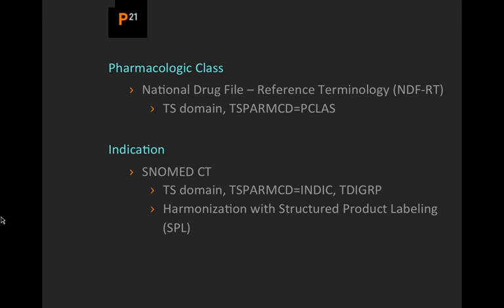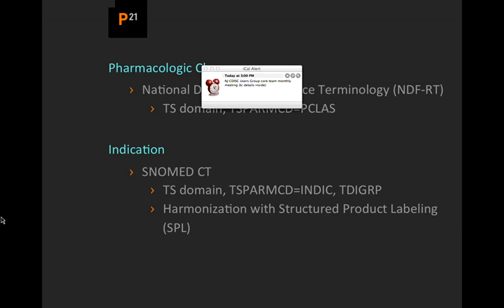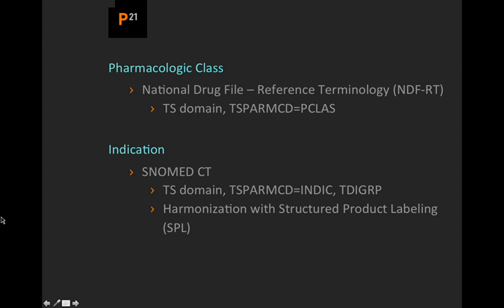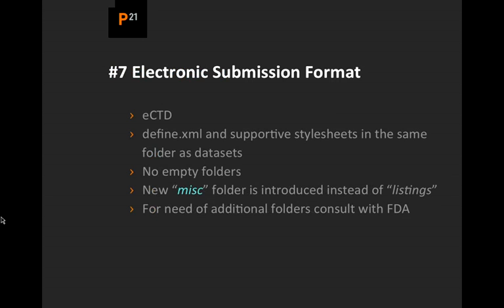FDA recommends using a generic name term for the decoded variable, and the class variable should be populated with the class term if it's a single class for the drug, or ATC level 4 otherwise. All ATC codes should be provided in the SUPPCM domain. Pharmacology class should use the special National Drug File Reference Terminology dictionary in the trial summary domain.